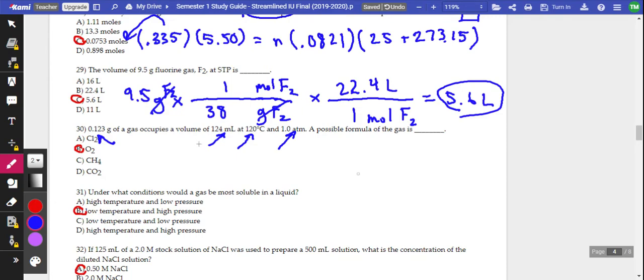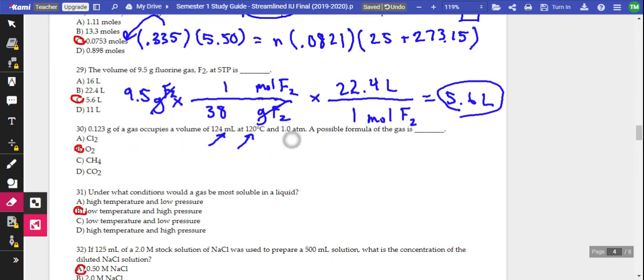I mean, we could change this to liters. We could change this to Kelvin. This would be our pressure. We could convert this into moles if we knew what it was, but we can't. So maybe that's where we should start. Maybe we should start by trying to figure out what n is supposed to be, how many moles we have, and then we can use that with the grams. Let's try that.